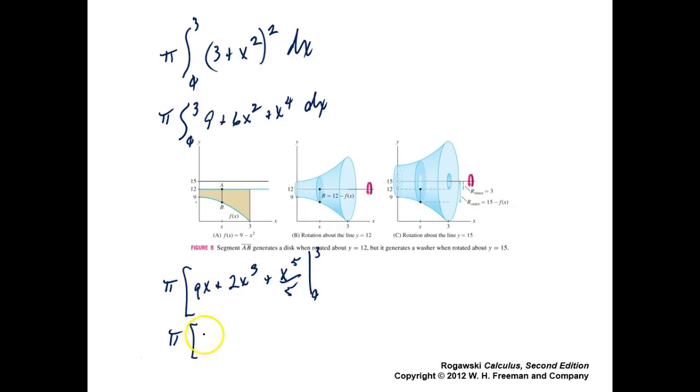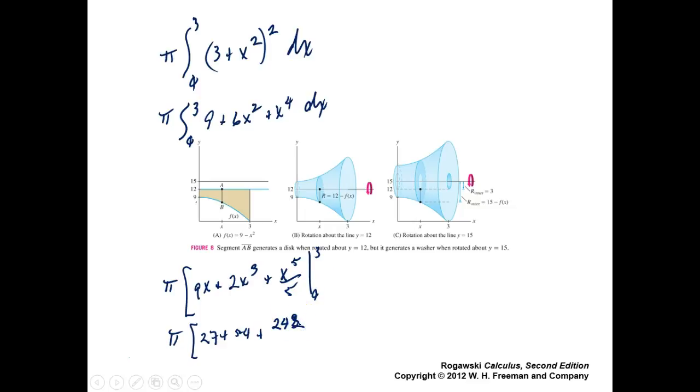Plug in a 3: 9 times 3 is 27, plus 2 times what's 3 cubed, 27. 2 times 27 is 54, plus, all right, 3 to the 5th power, 243.